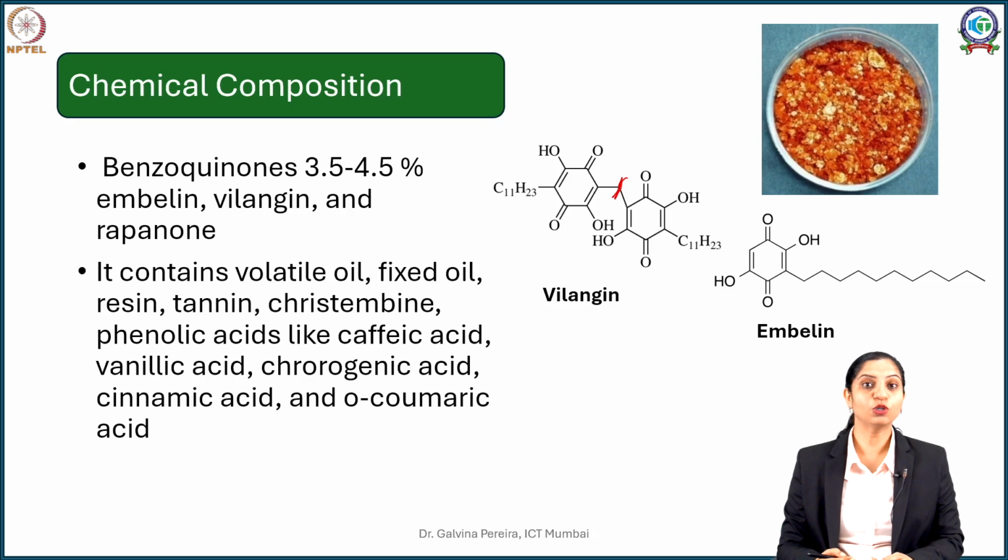Suppose you change it to a C13 chain, you get the third quinone compound, and that is your rapanone. So your Embelia ribes contains chiefly embelin, a dimer of embelin, that's vilangin, and a little longer chain, C13 substituted benzoquinone derivative, that's your rapanone. Apart from it, it contains volatile oil.